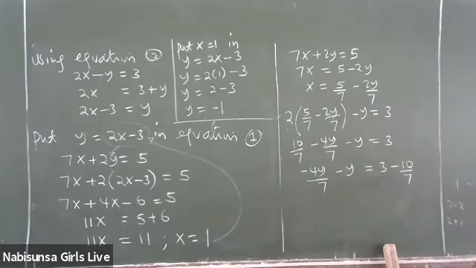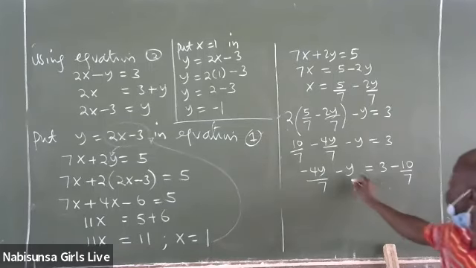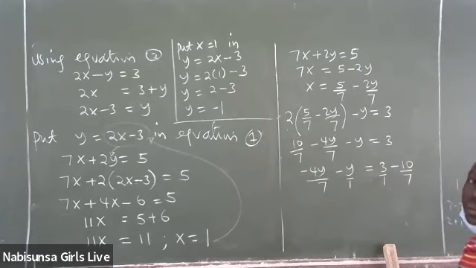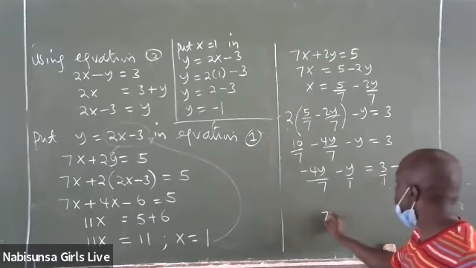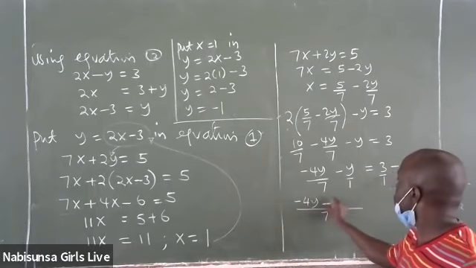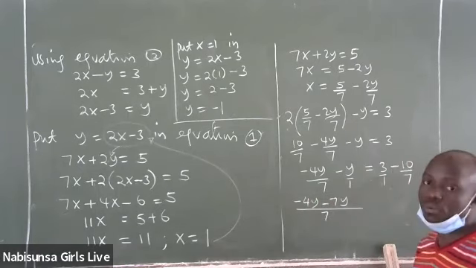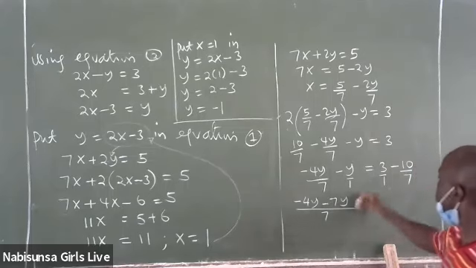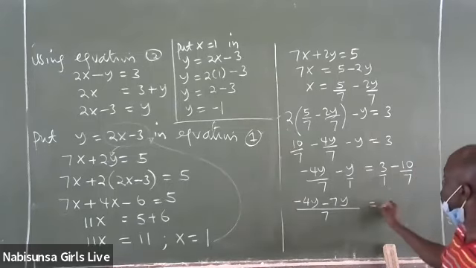Now I gave y a denominator of 1 and even 3 a denominator of 1. You get the LCM, which will be 7. Okay, so you have 7 out of minus 2y minus 7y. Is it true? Then I remained with negative 11y out of 7 is equal to 11 out of 7.